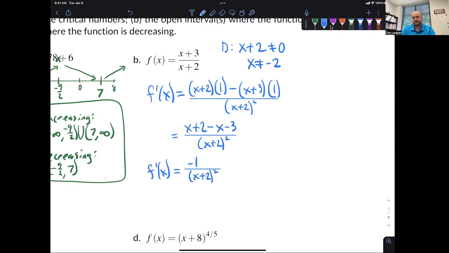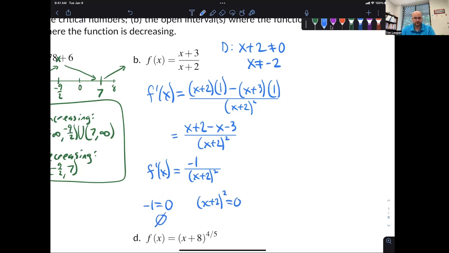Now we're going to use this to find any critical numbers that may exist here. The critical numbers occur wherever the numerator is equal to 0 or the denominator is equal to 0. Now the numerator does not produce any critical numbers because there is no solution to that.